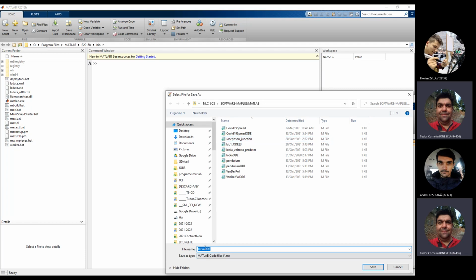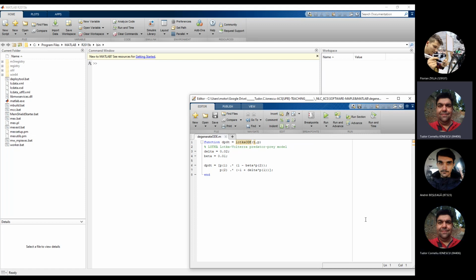So let's see here, degenerate ODE, degenerate cases for the eigenvalues.